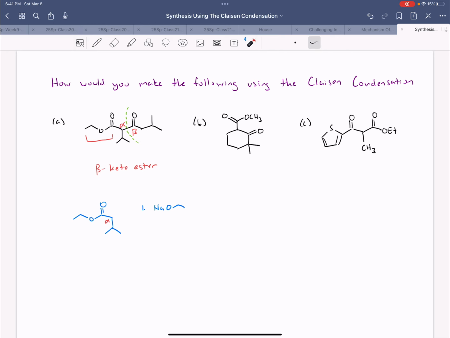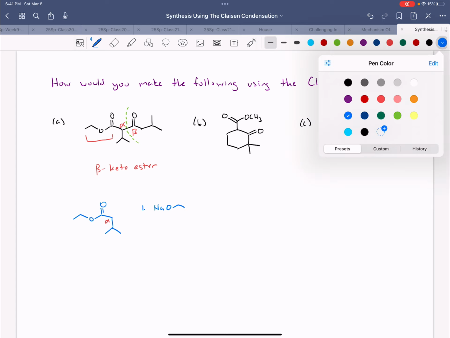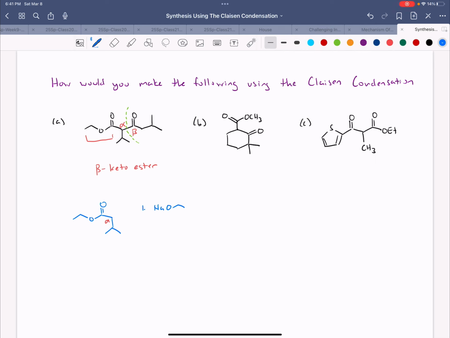I'm trying to match this part to this part. That explanation of why we have to match the R group of the base with the R group of the leaving group is in a previous video on Claisen condensation. But also, you want to show that you know what the solvent would be. The solvent would be as if the base was protonated to make the alcohol.